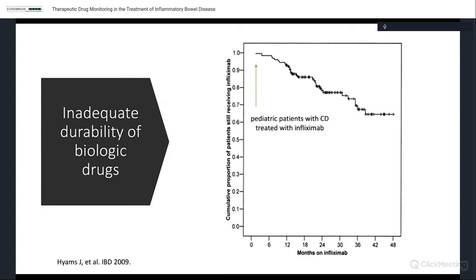And you see that over a 3-year time period, nearly 40% of patients lost response and ended up coming off infliximab. So we don't just want these medicines to be effective for patients, we want them to be effective for long periods of time. And we need tools to maximize durability of efficacy.